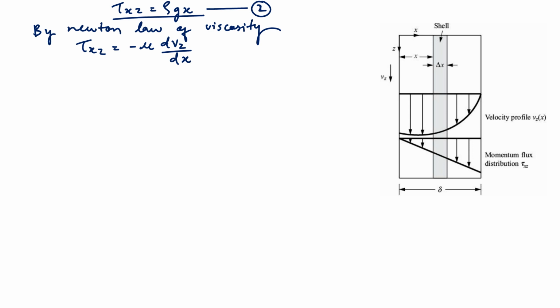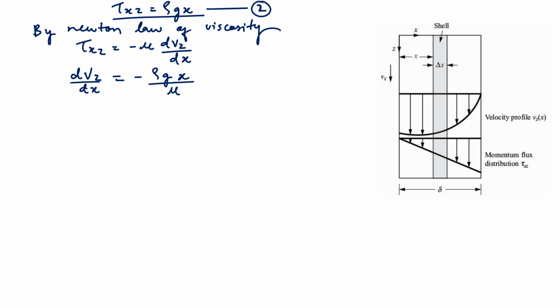Putting this in equation 2, what we get, dvz upon dx equals to minus rho g x upon mu.